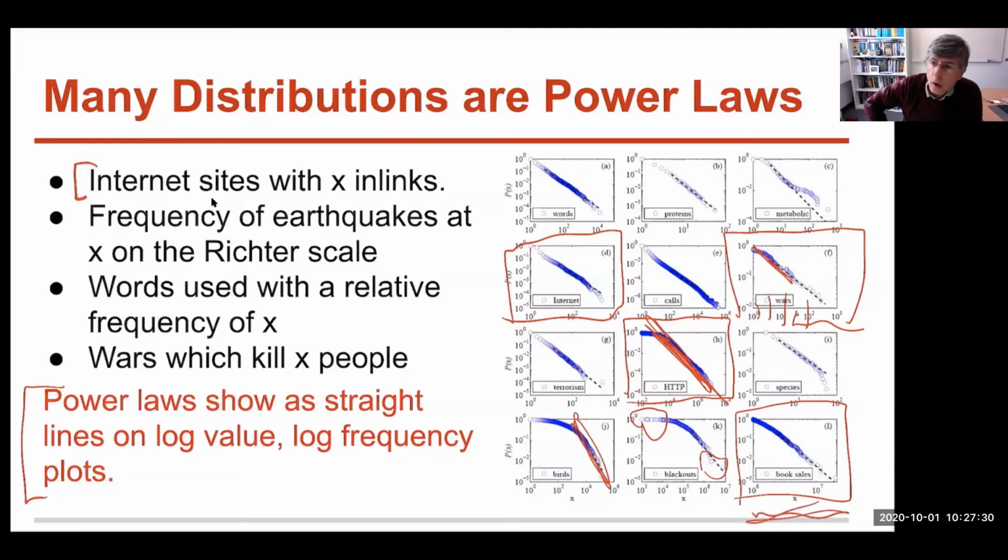In a power law distribution, sometimes when we look at Zipf's law, you want to know the frequency, let's say the number of sales of the most popular book, the second most popular book, through the nth most popular book.